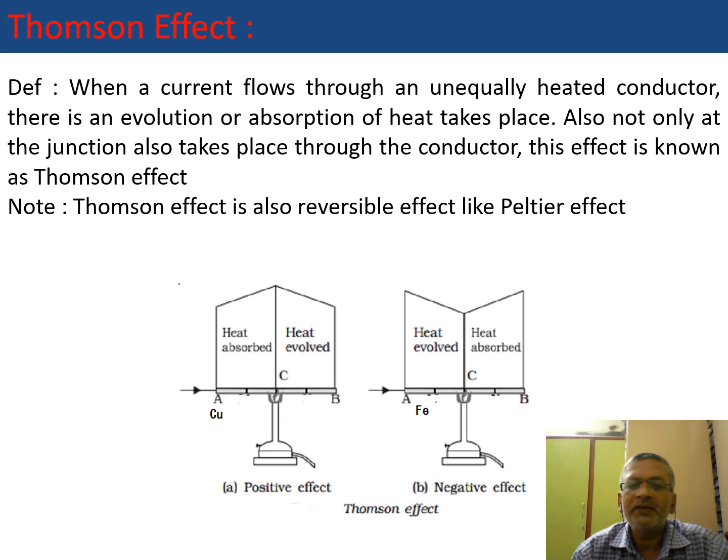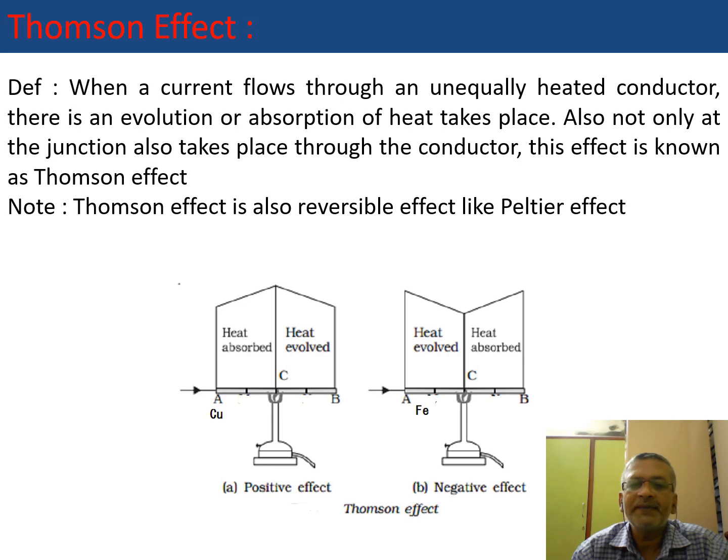Similarly, in the case of iron, if we pass the electric current through A, the phenomenon is a little different. At point B we get a cooling effect, but at point A there is a heating effect. So it is exactly reversed compared with copper.